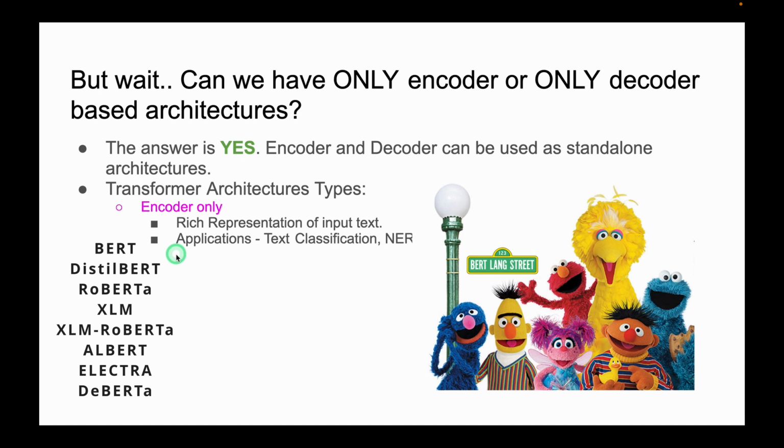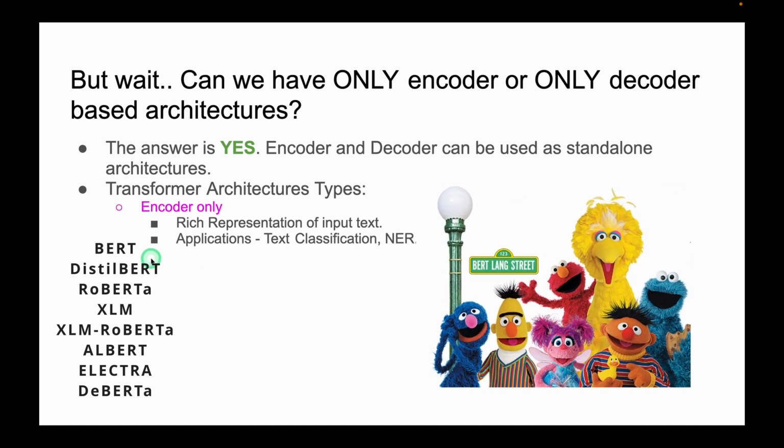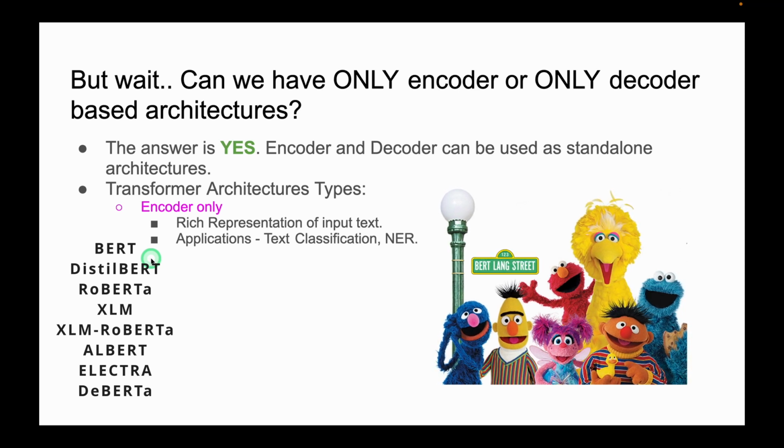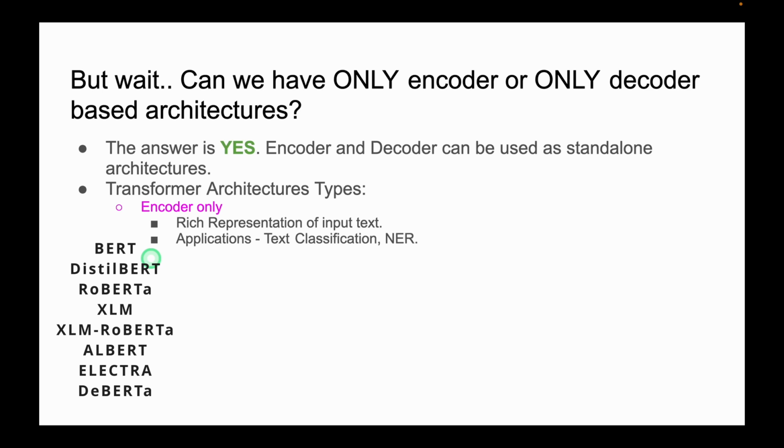To simplify this, the representation computed for a particular token contains the information about tokens occurring to the left and tokens occurring to the right of that token. This is also called the bidirectional attention mechanism. Popular models of the encoder-only mechanism are BERT, RoBERTa, etc.